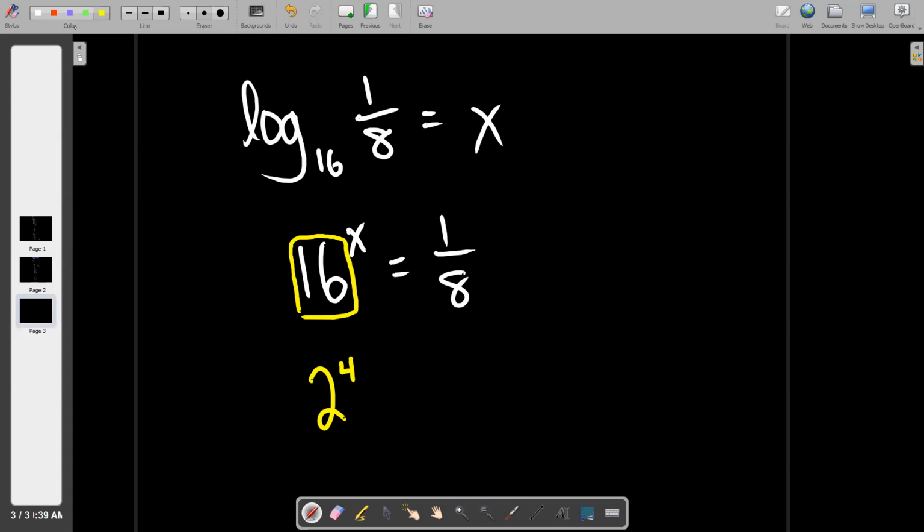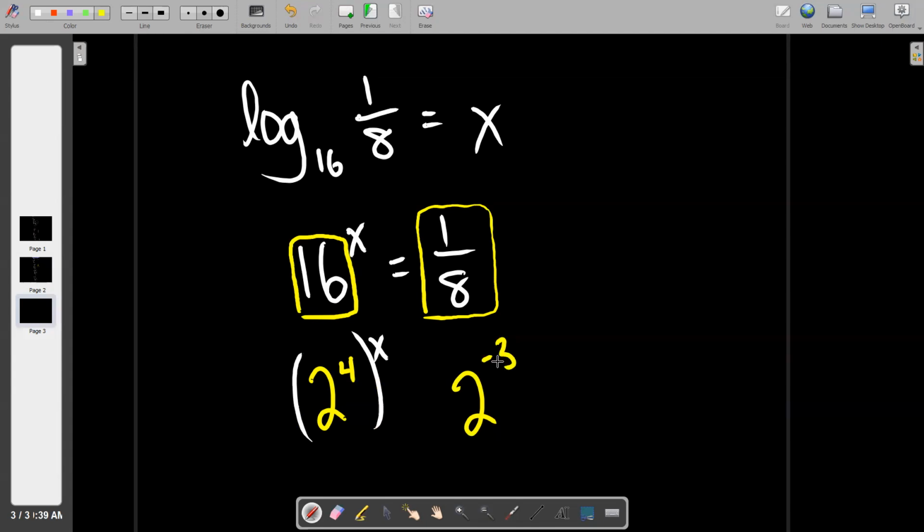So 2 to the 4th, and then I reapply its original exponent of x. And this is a good test of how much you learned yesterday. What is 1/8? It can't be a whole number. It's 2 to the something. It's 2 to the negative 3rd.